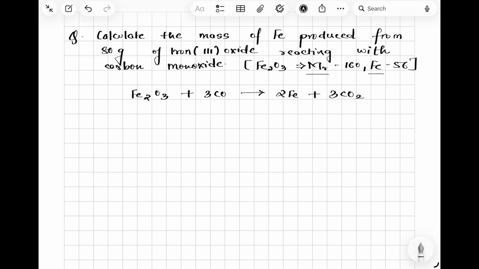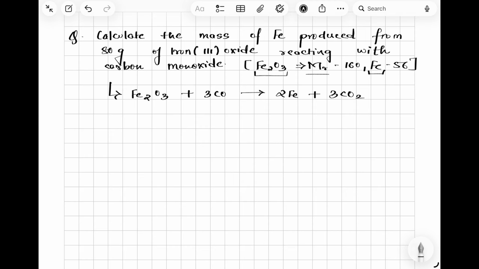Let's understand that. We have an example question from the past paper. We have to calculate the mass of the Fe produced from 80 gram of iron 3 oxide reacting with carbon monoxide. Here we can see that the balanced equation is given to us already. We have the molecular mass of iron 3 oxide and we have the atomic mass of Fe.